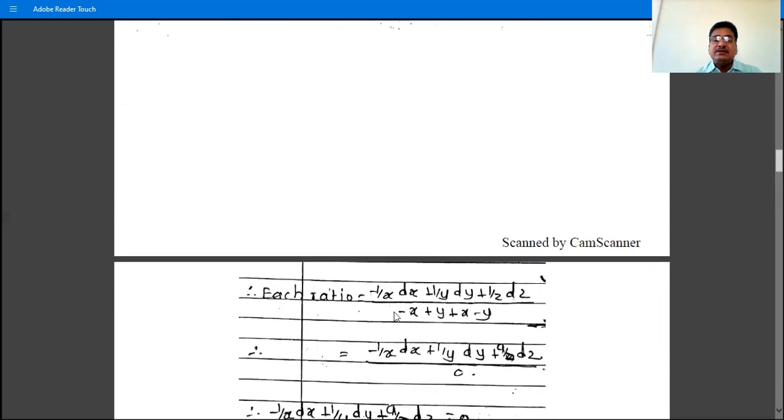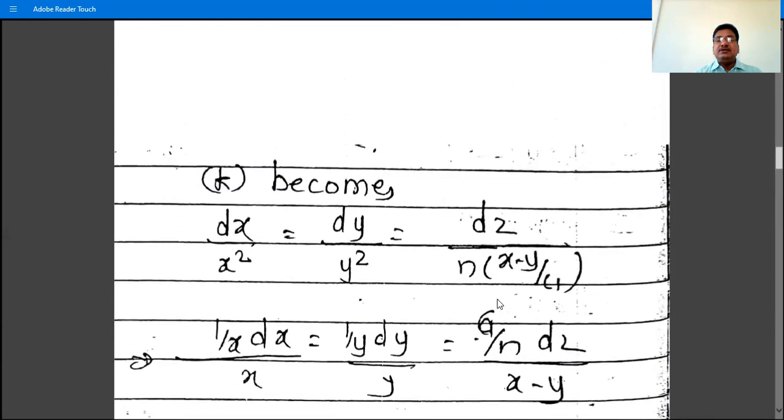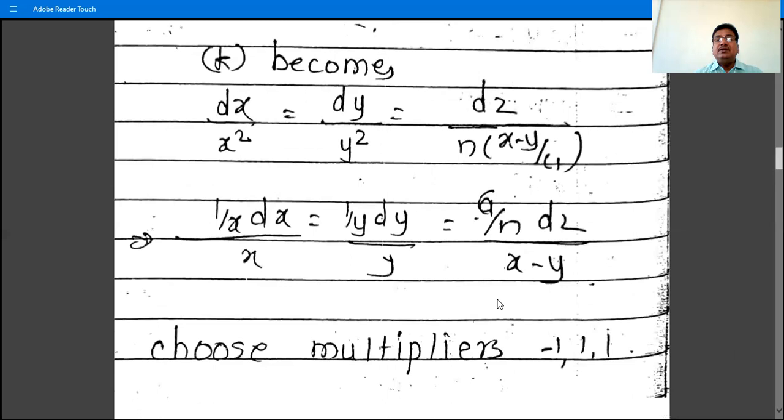So each ratio is equal to minus 1 by x dx plus 1 by y dy plus 1 by z dz. After substituting x into y, we have this given differential equation, and so directly we say the multipliers are minus 1 by x, 1 by y, and c1 by n.